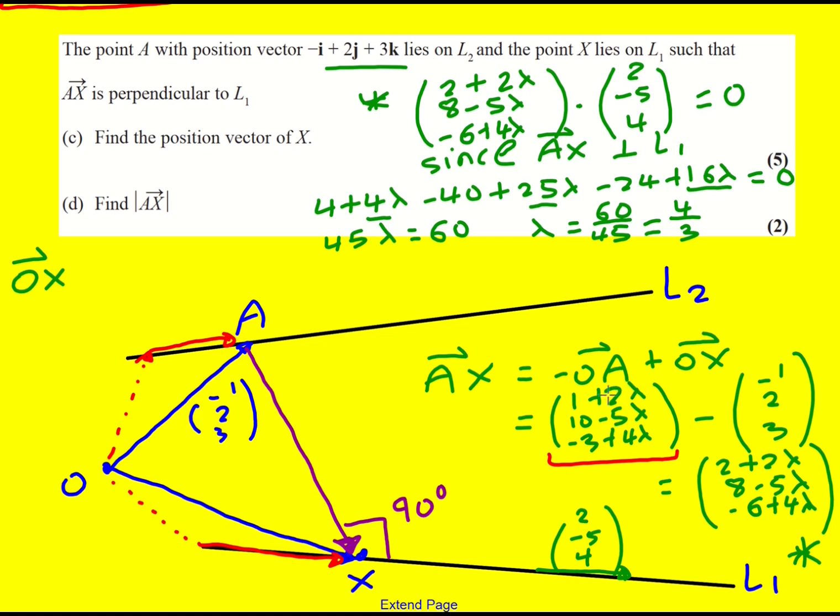So this gives, so OX, I'm going to get 1 plus 8 over 3, which becomes 11 over 3. 10 minus 5 times 4 over 3. Okay, I've done this already now, so I'm not going to go through every calculation. 10 over 3, and then 7 over 3. What I then did is I decided to take the factor of a third out and write it as a third times 11, 10, 7.